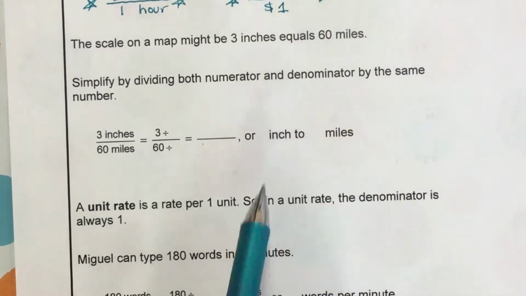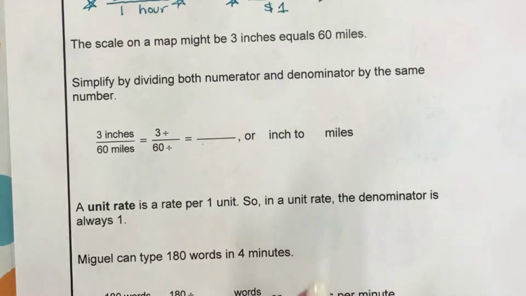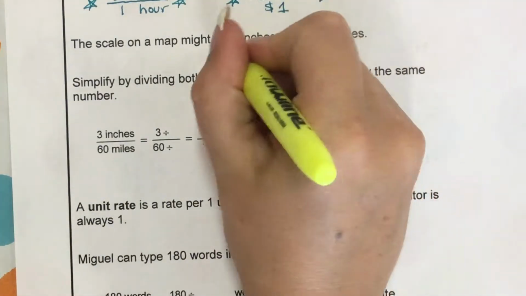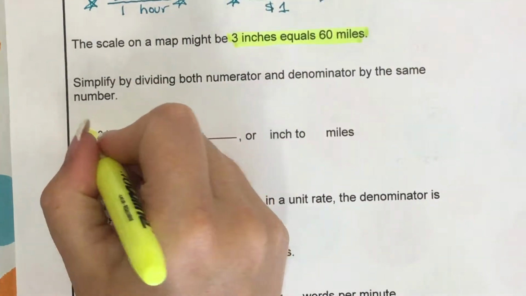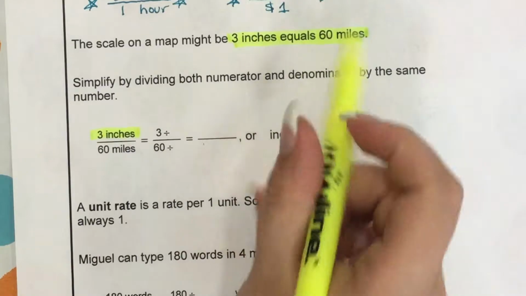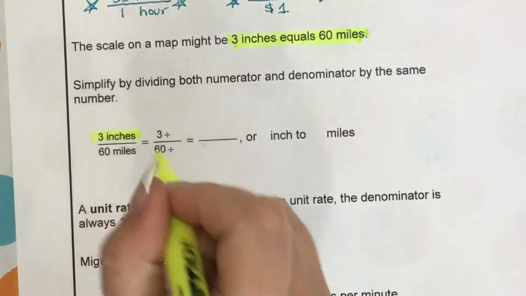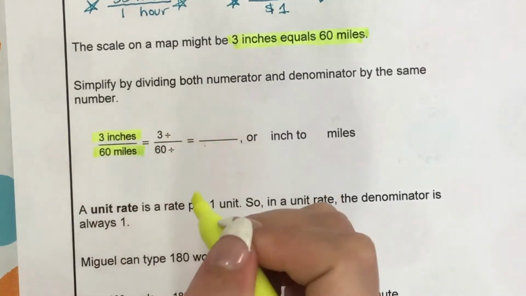So how you would write that is right here. You would write 3 inches equals 60 miles. They're saying equals, but that's kind of the same thing as to or per or for. So 3 inches over 60 miles.